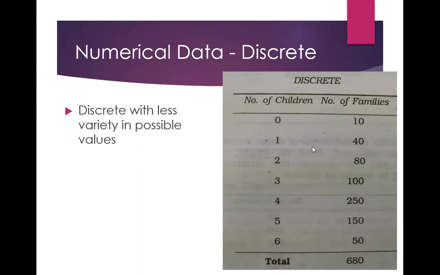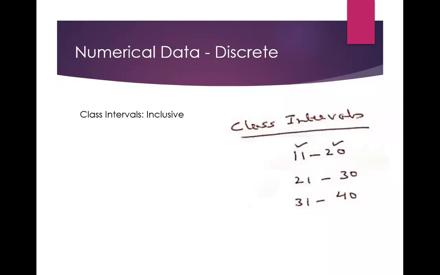The second scenario is when you have discrete data and there is a lot of variety in values. For discrete data, we can make class intervals of values. These are class intervals, and this type is known as an inclusive class interval because the lower limit as well as the upper limit of the class interval is included in the class interval.